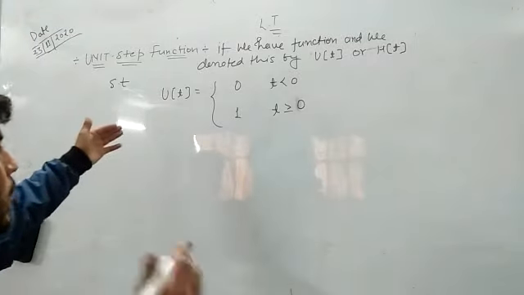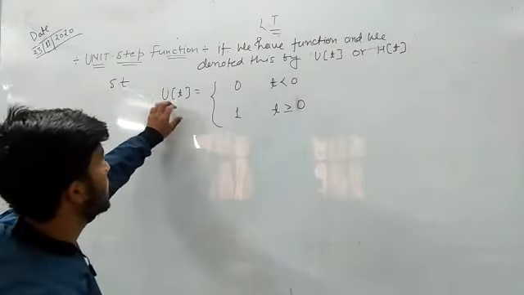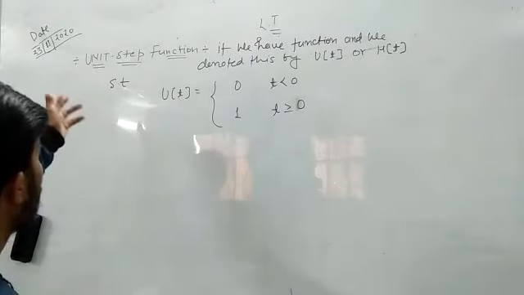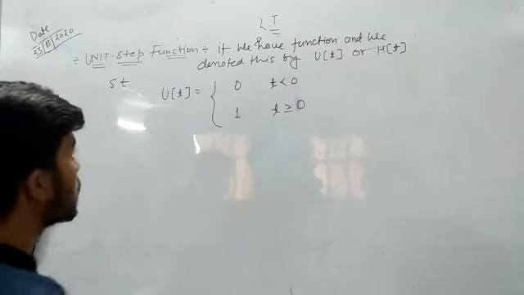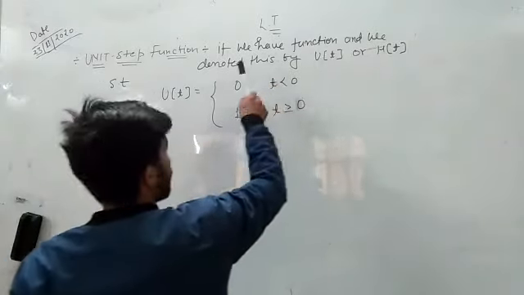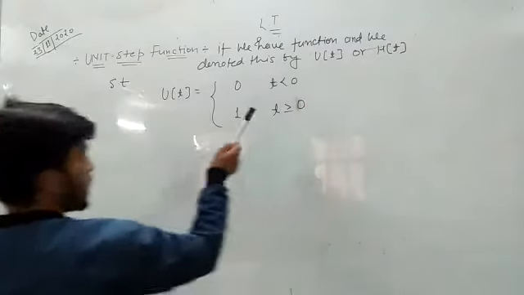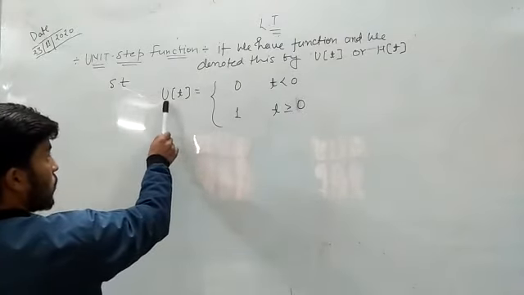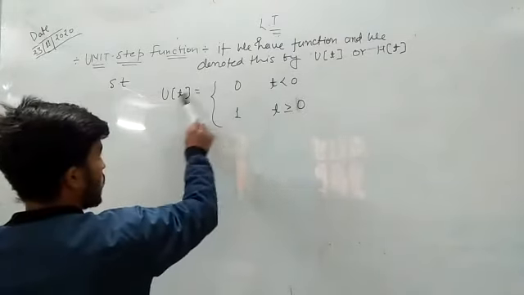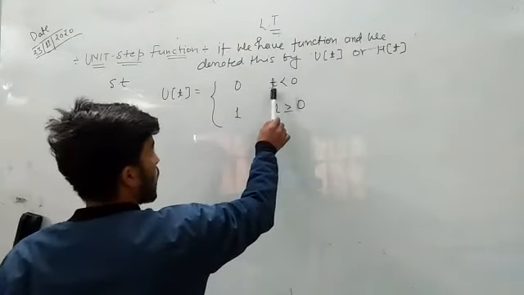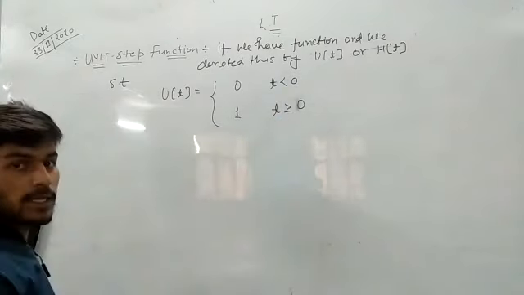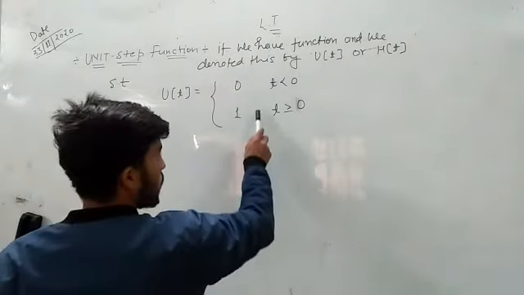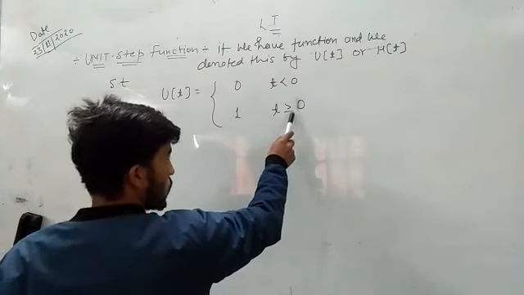So we have a function denoted by u(t) or f(t), such that u(t) is equal to 0 if t is strictly less than 0, and u(t) is equal to 1 if and only if t is greater than or equal to 0.